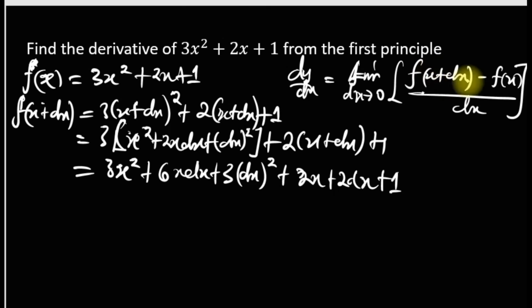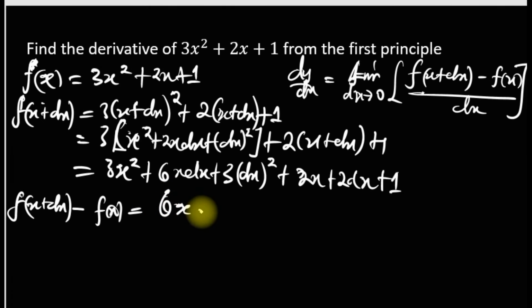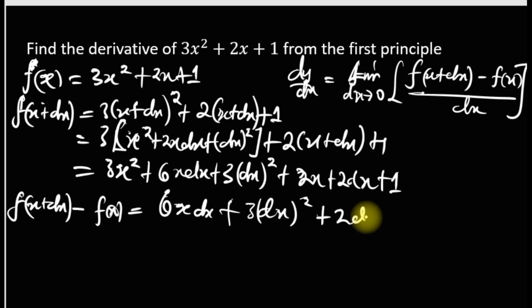So remember, we need to subtract f of x from this. So f of x plus dx minus f of x is this minus this. 3x squared is gone, 2x minus 2x is gone, 1 minus 1 is gone, so we are left with only 6x dx plus 3 dx squared plus 2 dx.